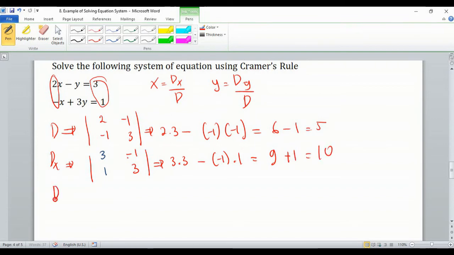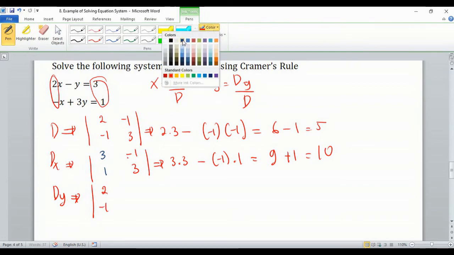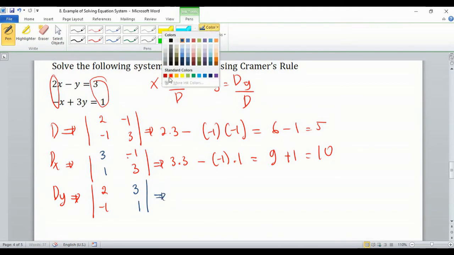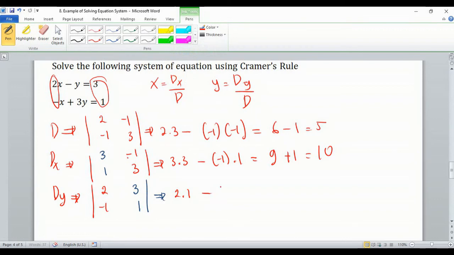And then dy. You need to replace the y column with the answer column value. So we can write 2, -1, and then, let me change the color, 3 and 1. So this result is 2 times 1 minus 3 times -1. So the result is 2 plus 3, which is 5, right?